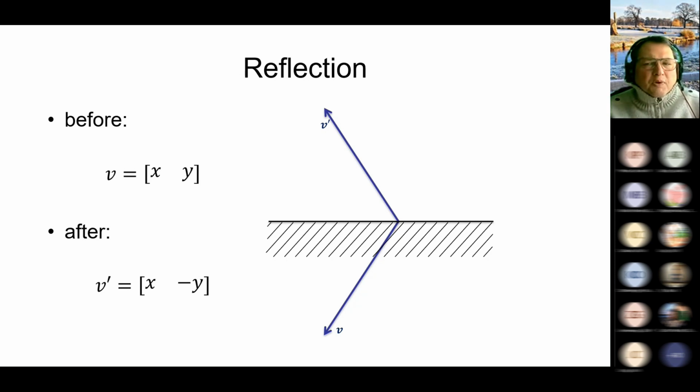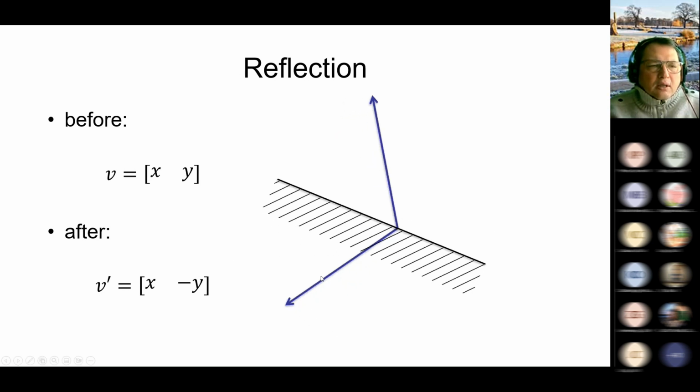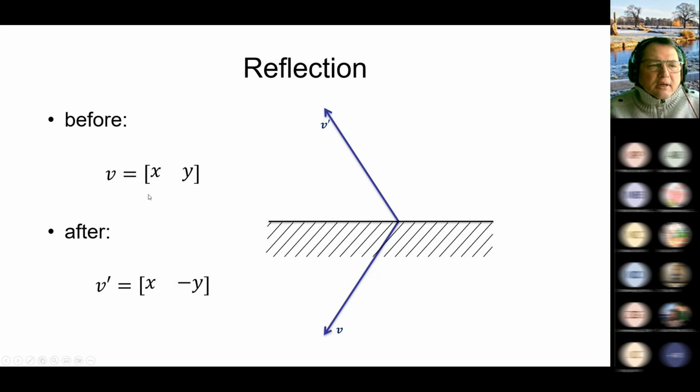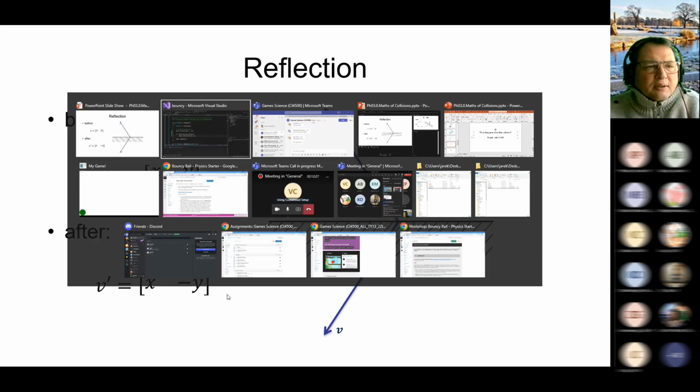Our velocity in the program example, of course, is pointing directly down, so it's strictly vertical, but it doesn't matter. The general formula is here. If my initial velocity is x, y, my final velocity will be x, negative y.